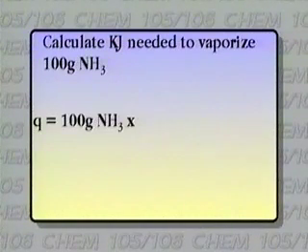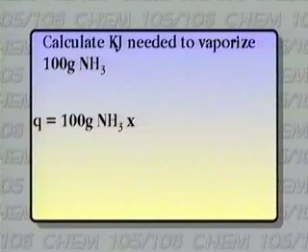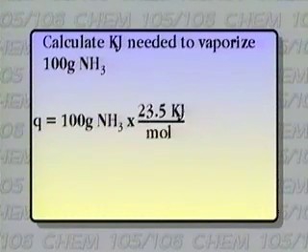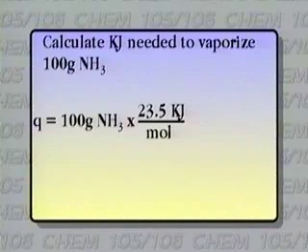Q will be equal to 100 grams of ammonia multiplied by the molar heat of vaporization for ammonia, which was 23.5 kilojoules per mole. But we can see that my units don't work out right there, because obviously grams cannot cancel moles, so we need to bring in one other factor.